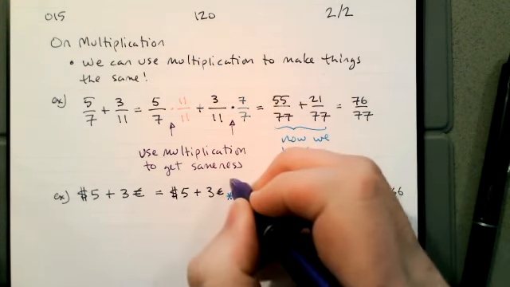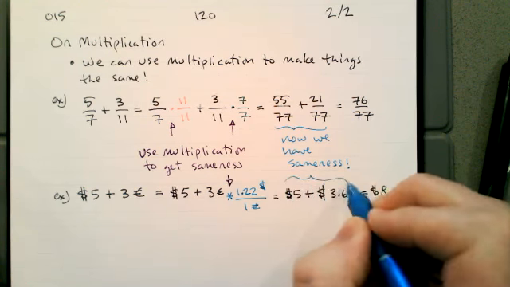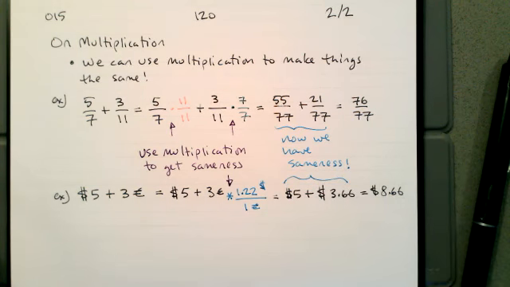Once again, we use multiplication to get sameness, so that now we have sameness. Any questions?